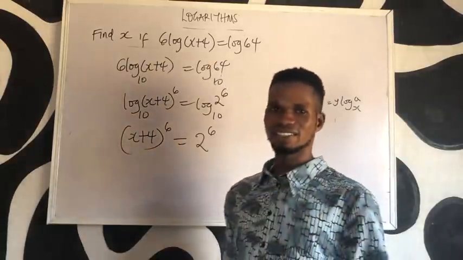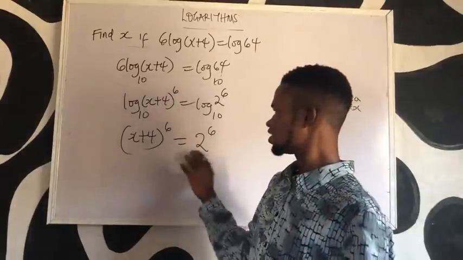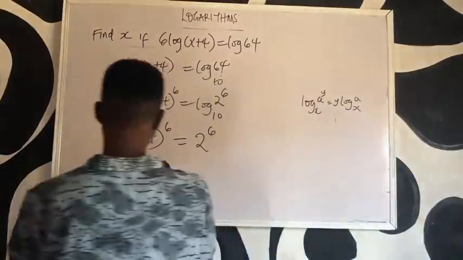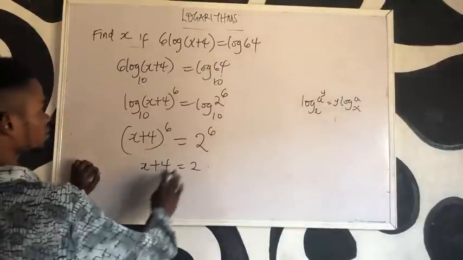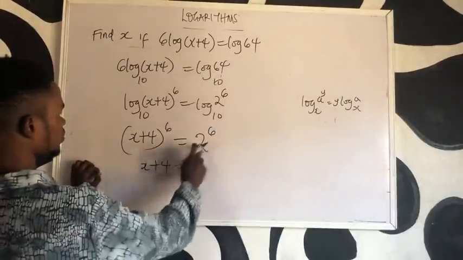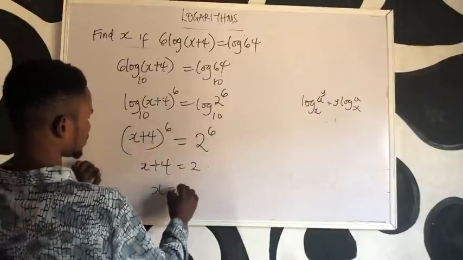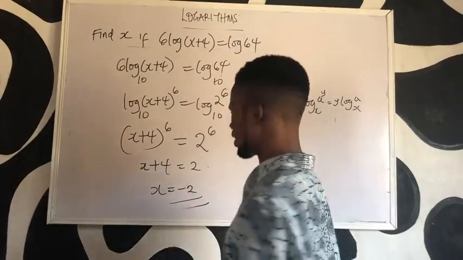Now look at something again. The powers are equal. There is equality. We should equate this and this. We have x plus 4 is equal to 2. That's 2 minus 4, which is minus 2. So we have x as minus 2 as our answer.